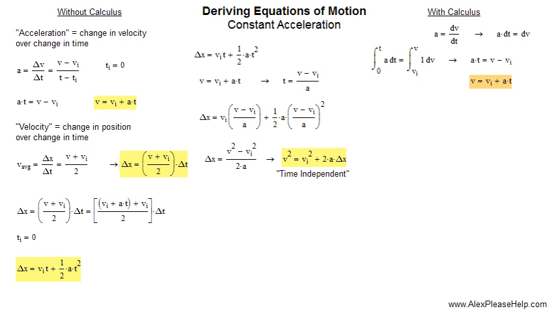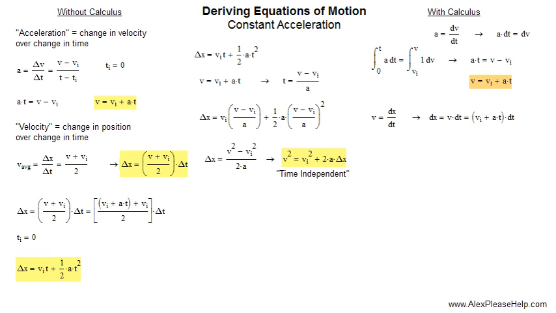Then next, moving to velocity. We know that velocity is defined as the derivative of position with respect to time. Change in position over change in time. Rewriting this, dx equals v dt, and plugging the first equation into here, we get vi plus at, the sum of that times dt.